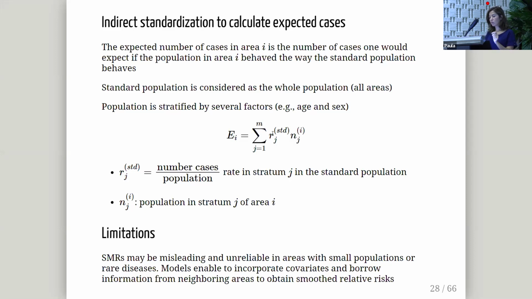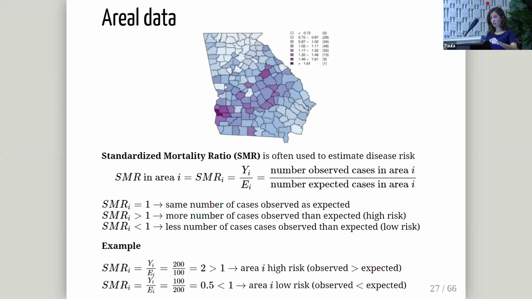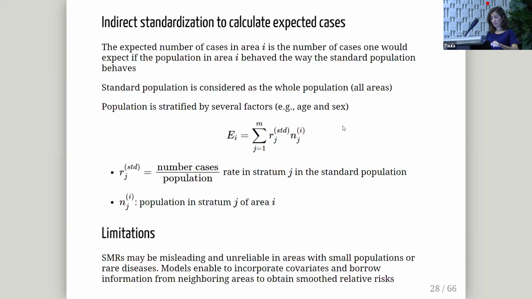So we need to calculate the rates in the whole population, like the standard population is the whole population, like this whole state. And we calculate the number of cases divided by the population in the stratum j in the standard population, and then we multiply by the number of people in area i of that stratum.